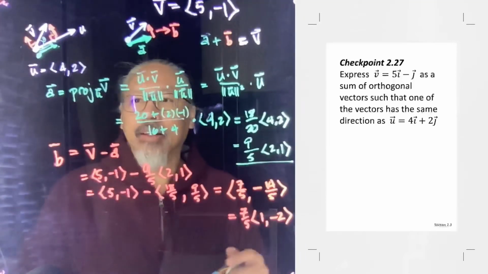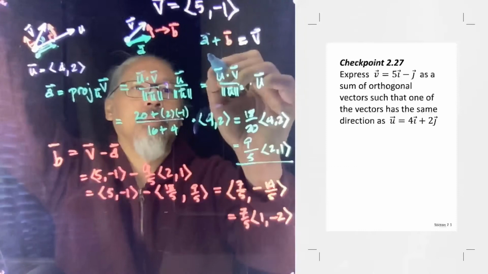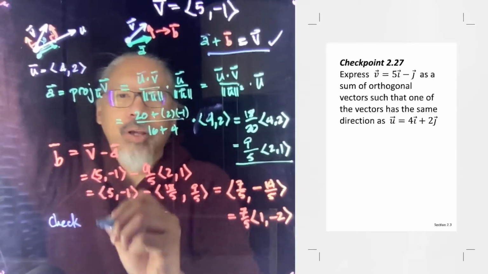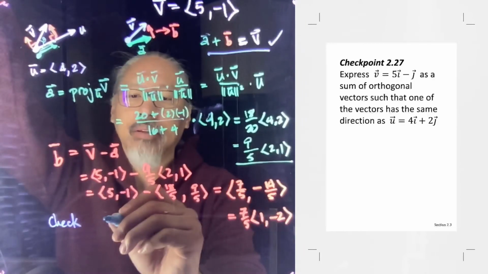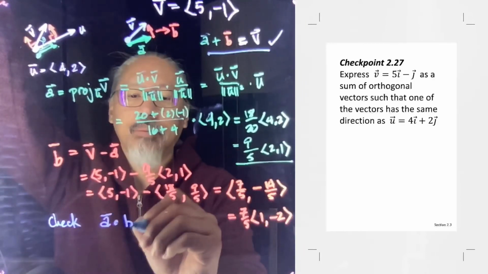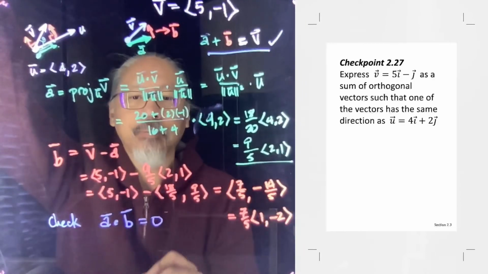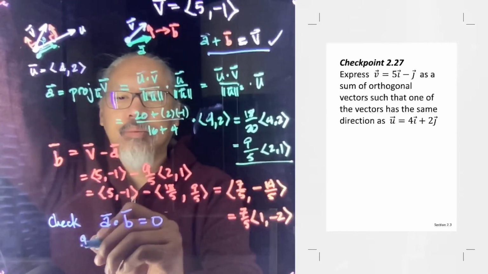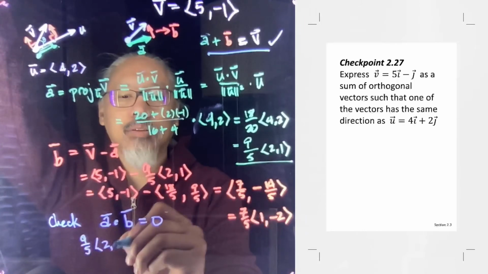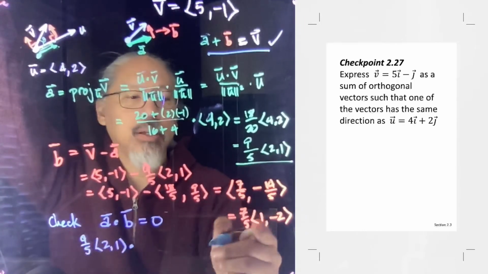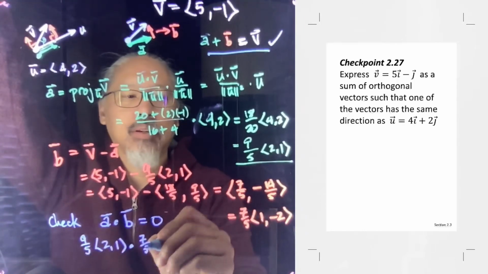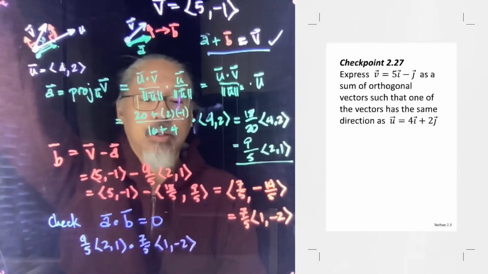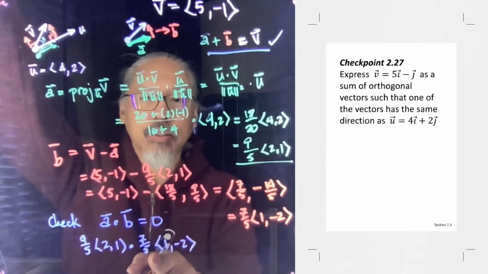And finally, let's check. So we know that this should be true. Now let's just check to make sure that this actually does work out, that A dotted with B should equal 0. And A is 9/5, 2 comma 1. B is 7/5, 1 comma negative 2. So we can take the constants out.